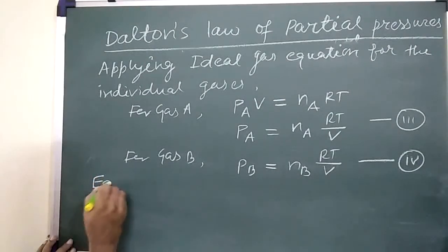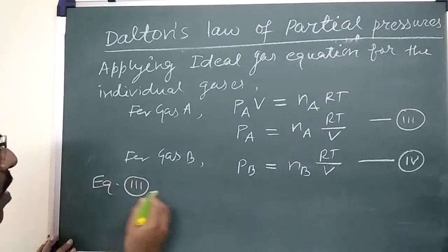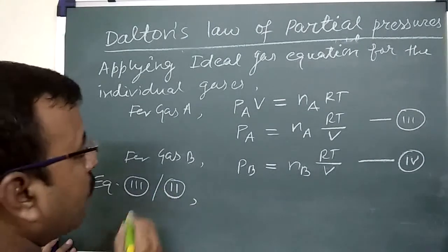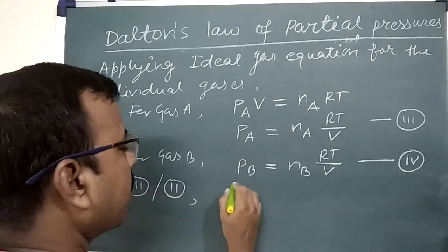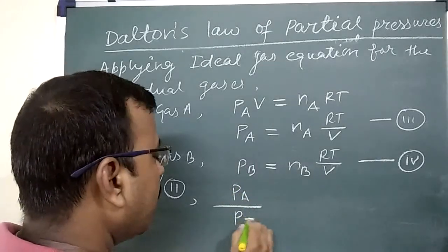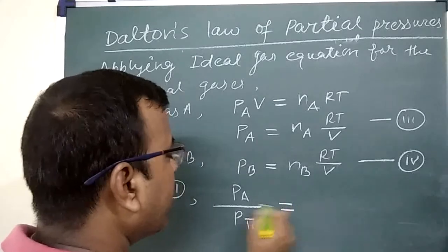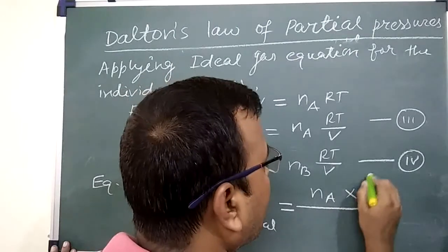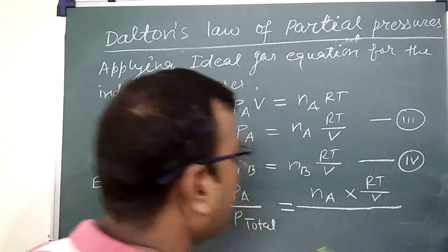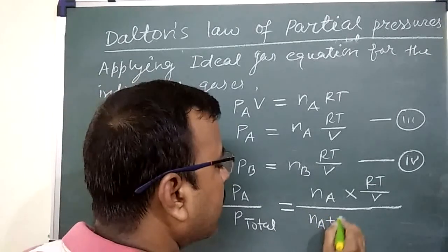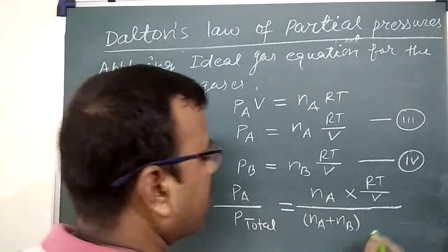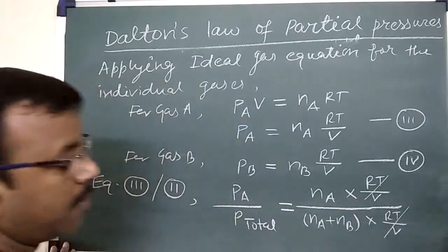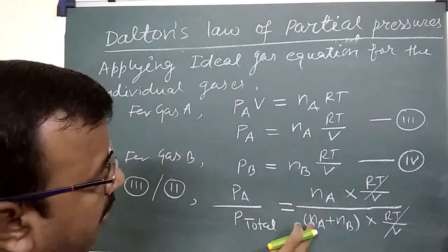Equation 3 divided by 2: PA by P total is equal to Na into RT by V, and here Na plus Nb is the number of moles of the mixture, into RT by V. So similar terms cancel. So what do we get? Na by (Na plus Nb).